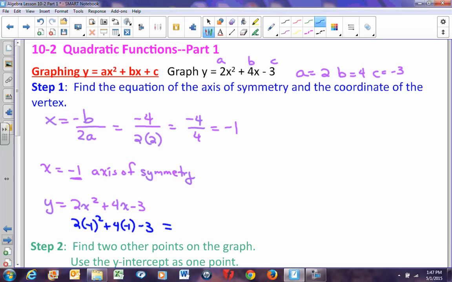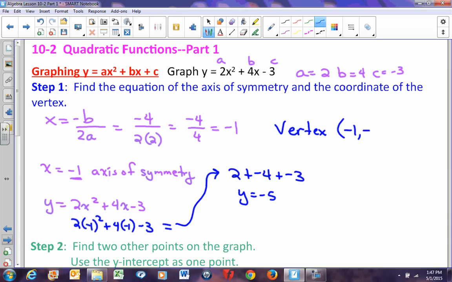I'm going to move this up a little bit so I can work on it. -1 squared is 1, times 2 is 2, so that gives me 2 plus -4 plus -3, or 2 minus 4 minus 3. So this gives me -5 as my y term. So my vertex then has the point -1, -5.